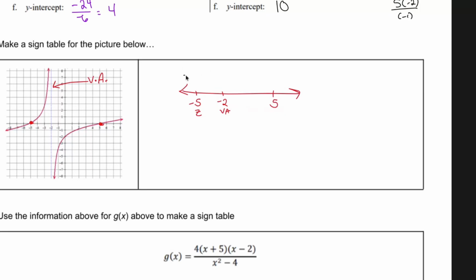It's going to be negative because it's below the x-axis from everything up until negative 5. Then at negative 5, it becomes positive. Then at negative 2, you have the vertical asymptote explosion. It becomes negative again, and then it stays negative all the way up until 5, where it becomes positive. So that is my sign table.